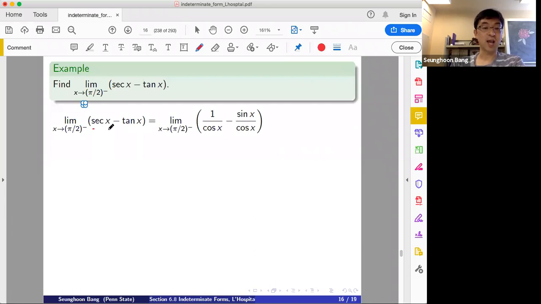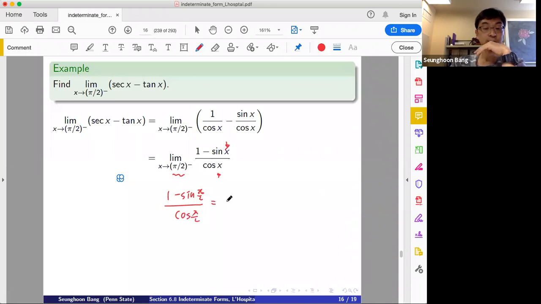What's the identity of secant? The identity of secant is 1 over cosine. The identity of tangent is sine over cosine. You can change it to these kinds of forms. You can combine into the limit of 1 minus sine x over cosine x. Plug pi over 2 into the top and the bottom. So what happens? 1 minus sine of pi over 2 over cosine pi over 2. 1 minus sine pi over 2 is 0, and cosine pi over 2 is 0.